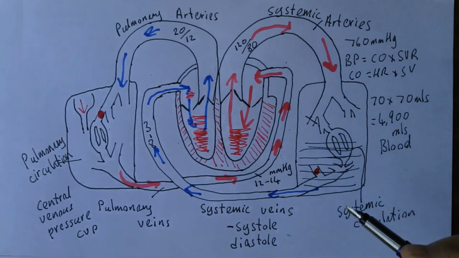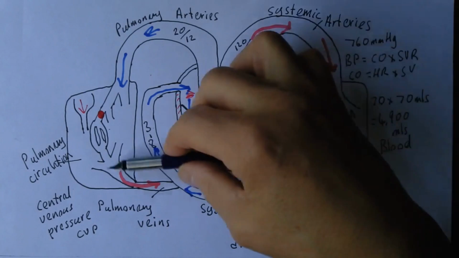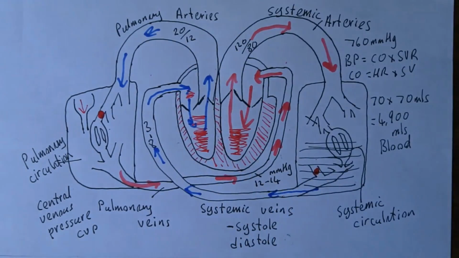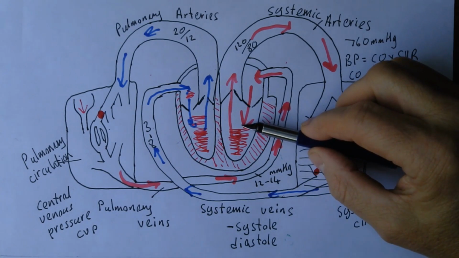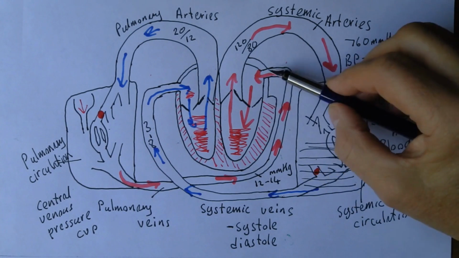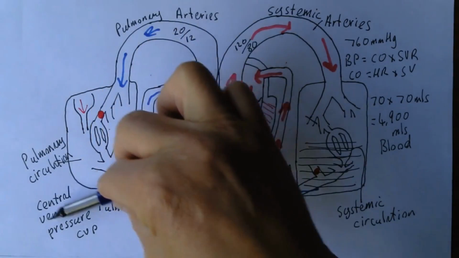And over time, that's going to make it harder for the right ventricle to pump blood into the lungs. If the blood can't get from the left atrium to the left ventricle, it's harder to get out of the pulmonary veins, it's harder for the pulmonary veins to drain the lungs.